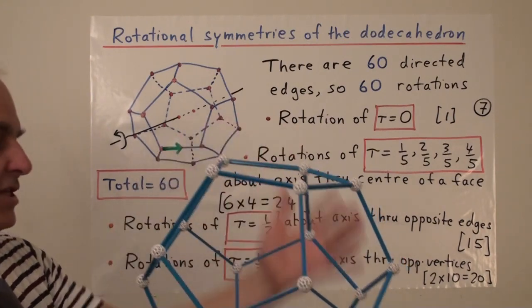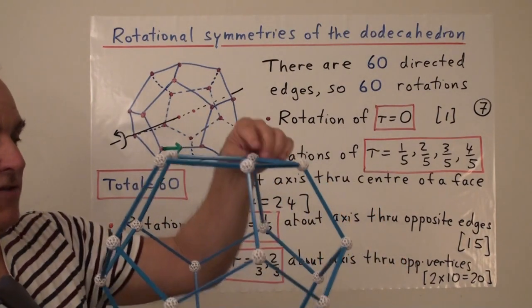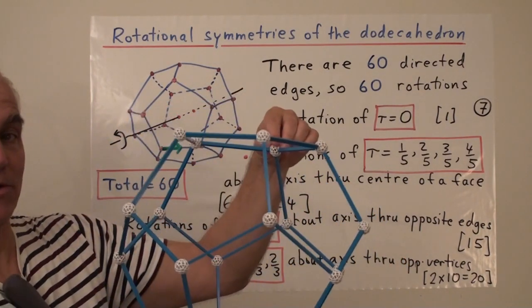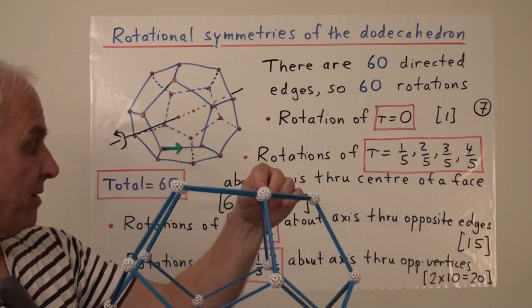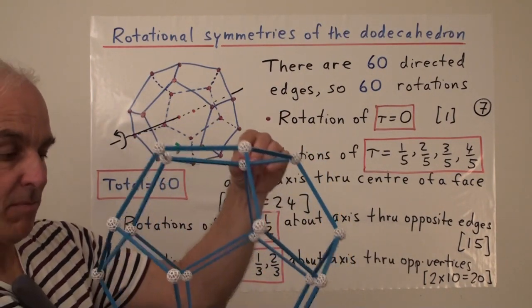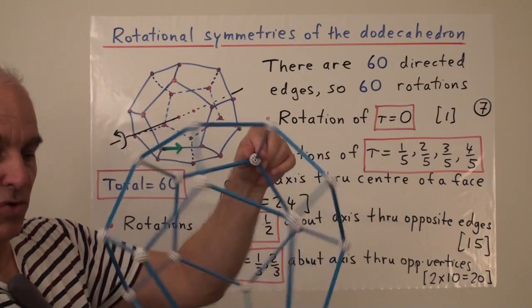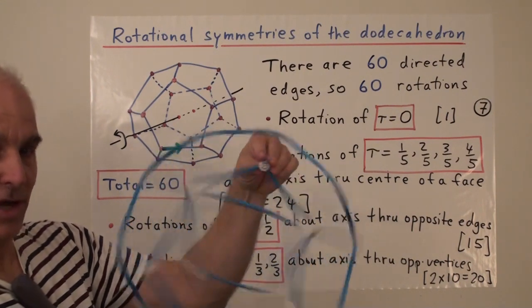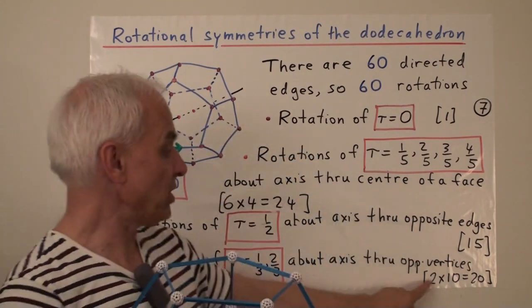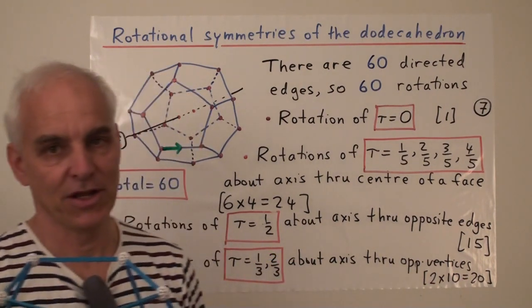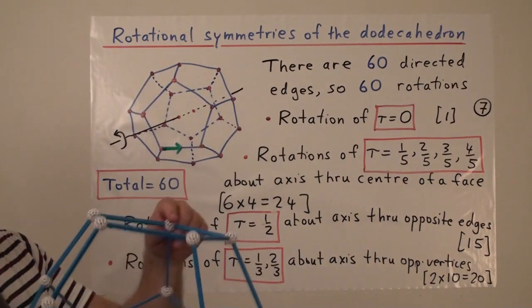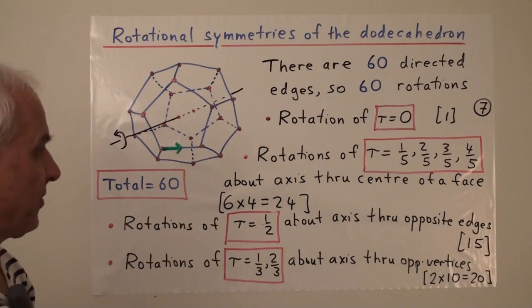There are 20 vertices altogether, so 20 divided by 2 pairs of opposite vertices. And each one of those pairs gives us 2 rotations, by a third of a turn and 2/3 of a turn. So we have 2 times 10, or 20 such rotations about axes through opposite vertices.